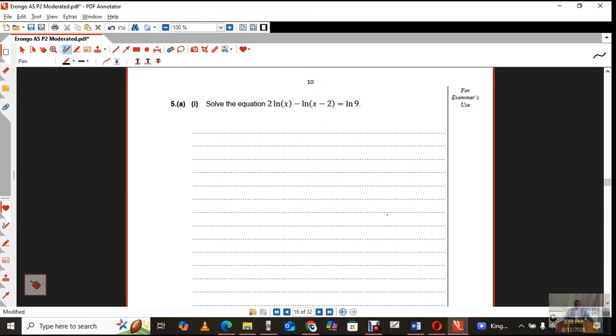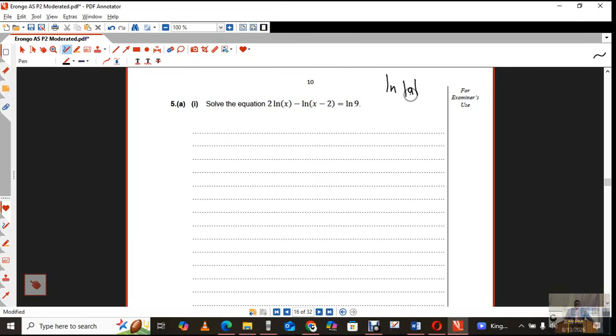You are asked to solve the equation. It's a natural log equation. So the first part is to solve that. We expect values of x. You should be very careful what your values of x are. The natural log of anything here should be positive.